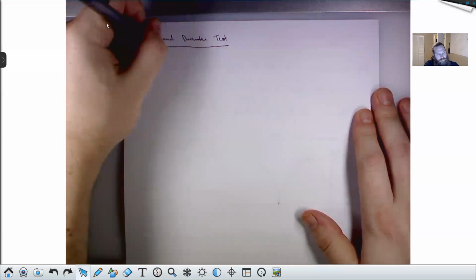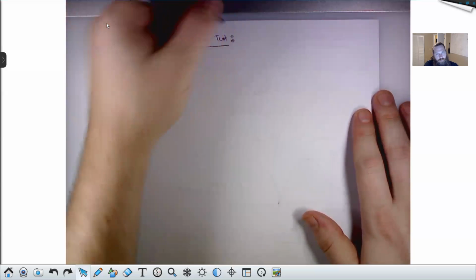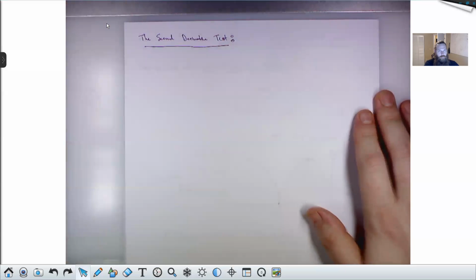The second derivative test does the same thing as the first derivative test, just in a different way.